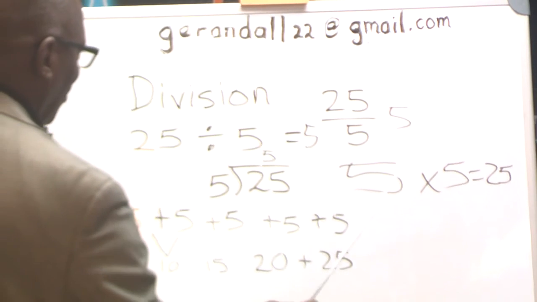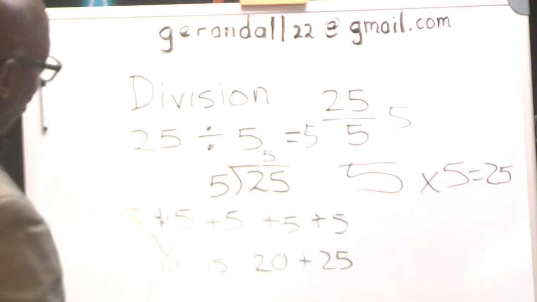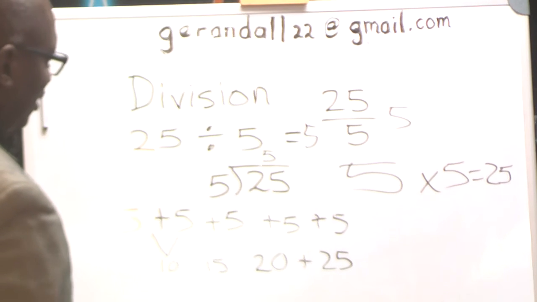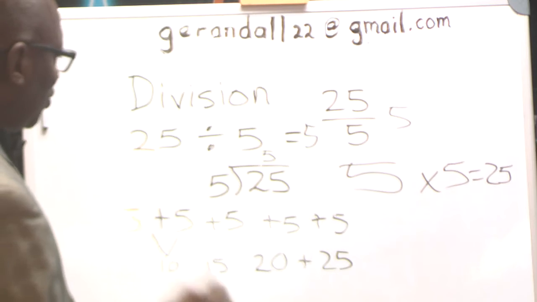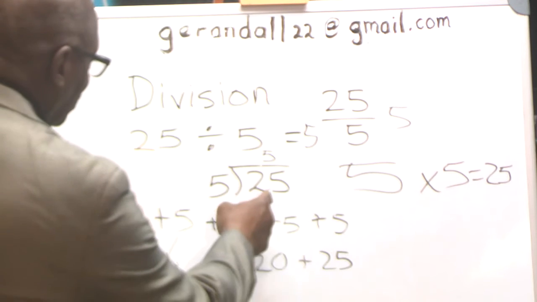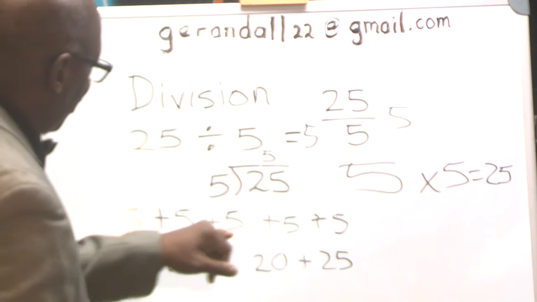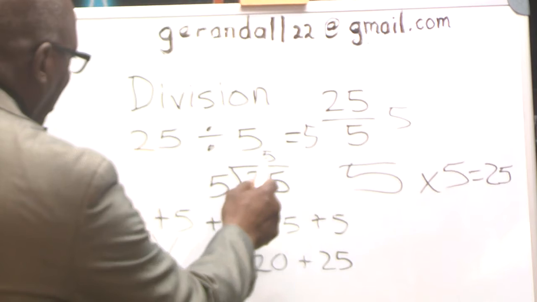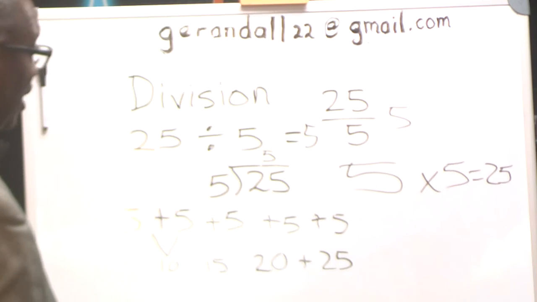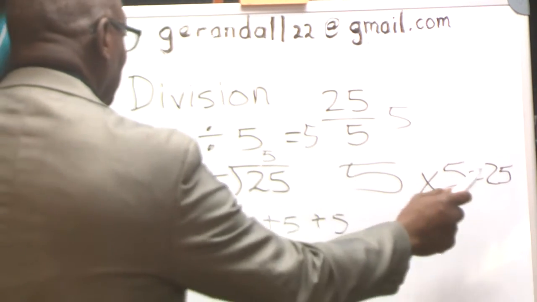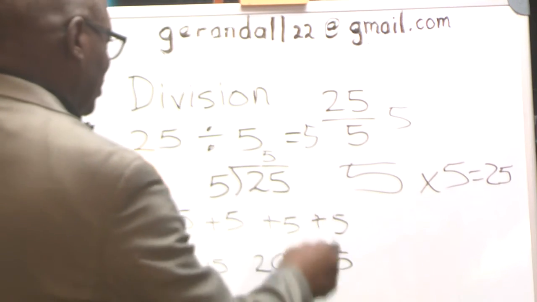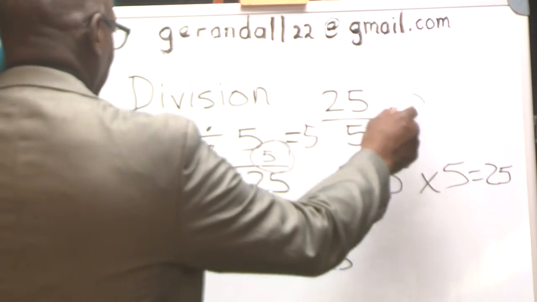Division and multiplication and a form of addition, they're related. And if we don't utilize what we know, maybe you didn't know that there were 5 5s in 25, but you did know that 5 times 5 was 25. Boom, boom.